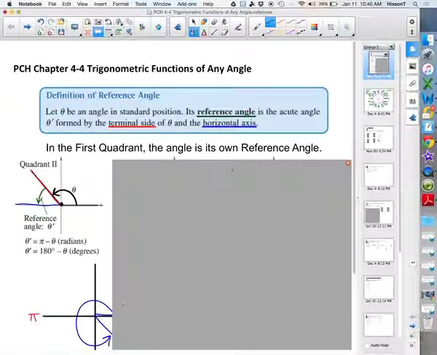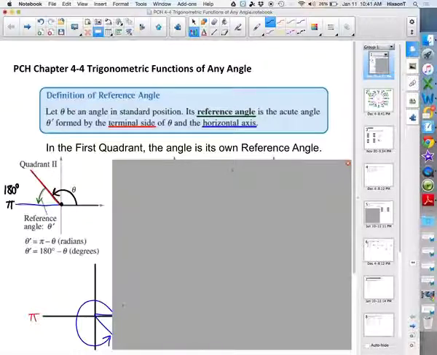And there's a little formula here, if you like that. The formula, because this horizontal axis, when you go all the way over to it, you have pi, or 180 degrees. Notice our angle is going to be short of that 180 degrees. It's going to be less than that.